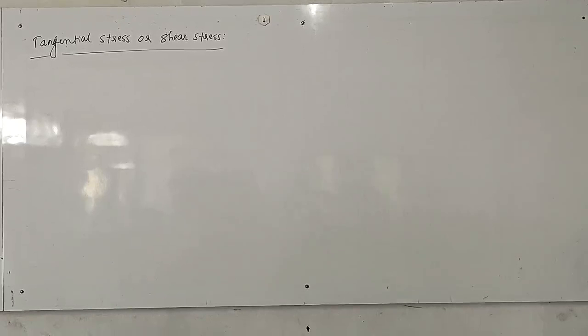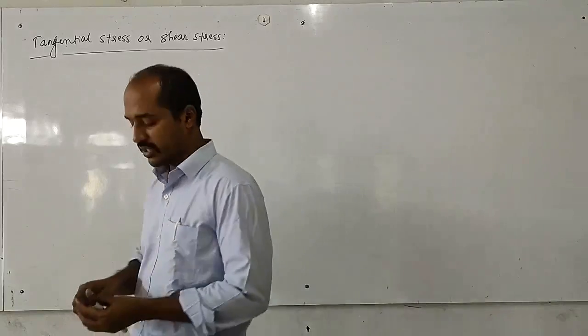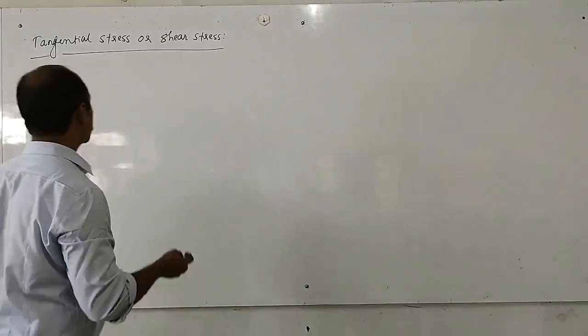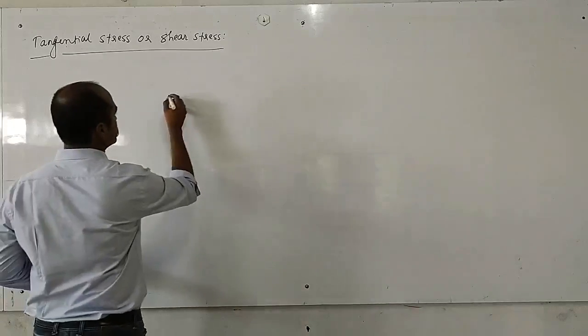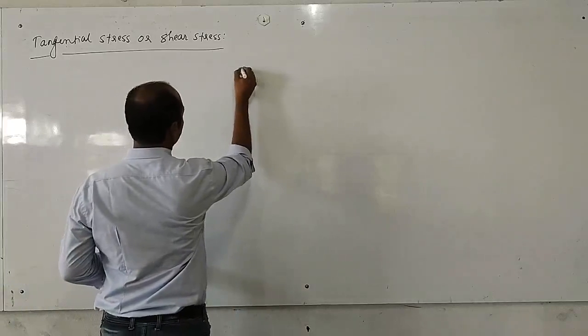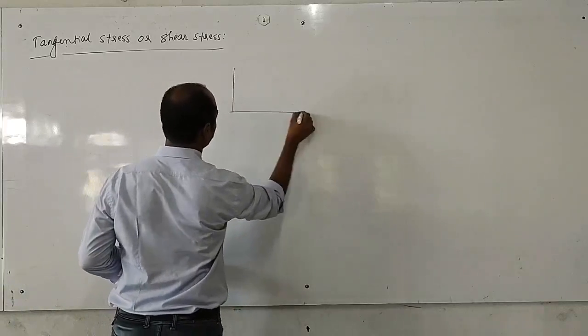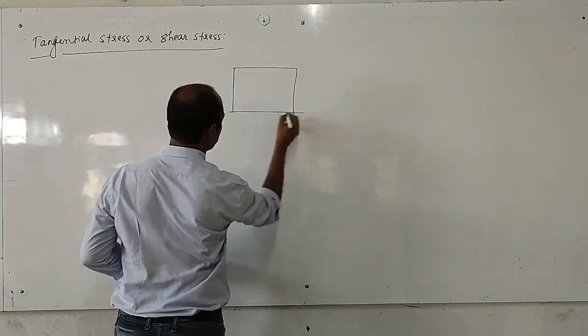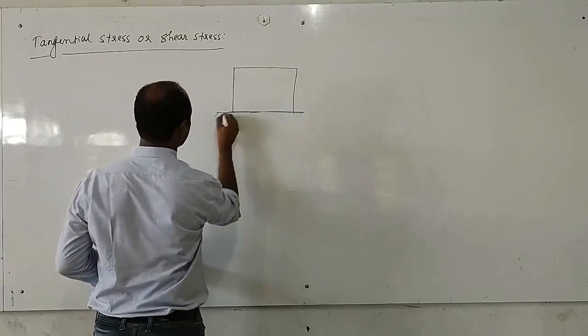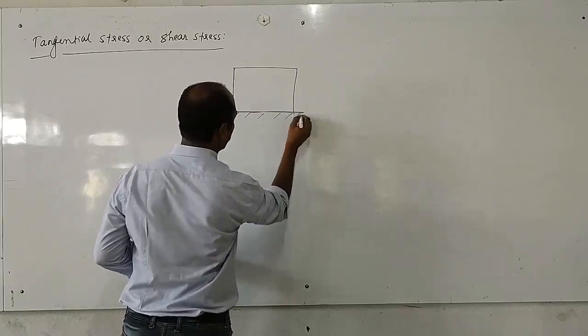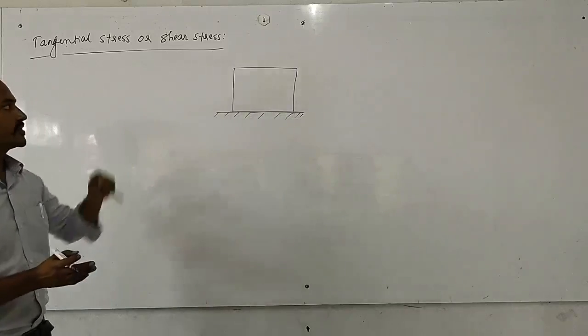Okay, so let us move to the next, tangential stress or shear stress. Let me see how the shear stress or tangential stress arises. If I take a body, suppose a box is here, right? And one surface is fixed and another surface is free.